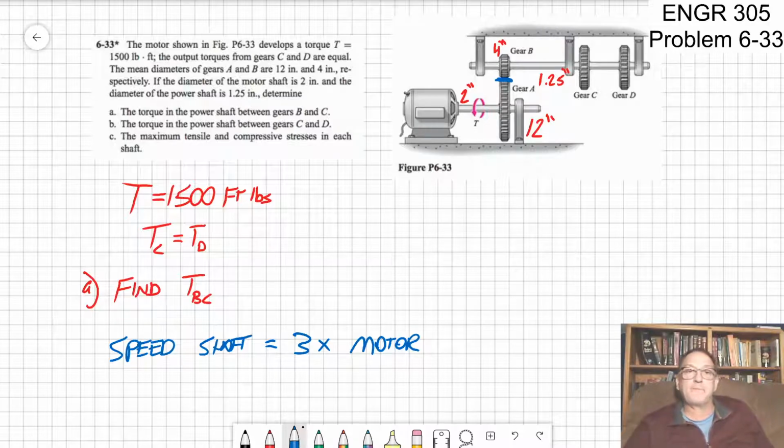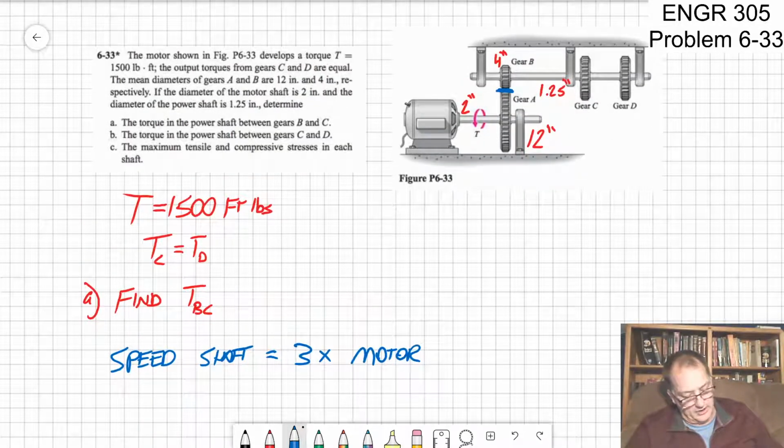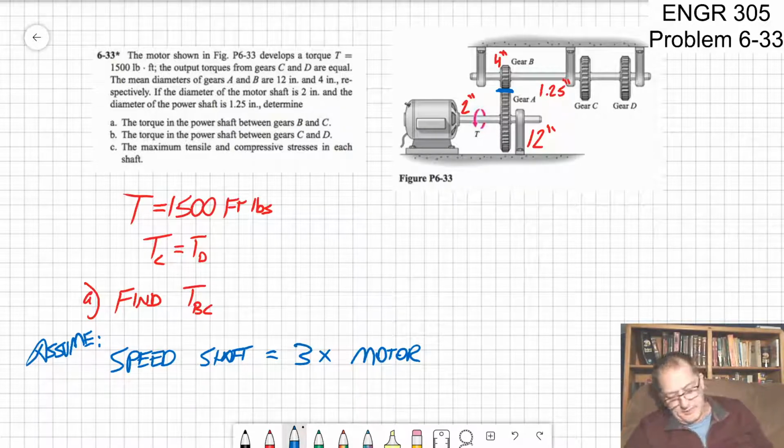All right? And honestly, if you wanted to just state that, we could just assume it, because this really isn't necessarily a part of this class, but it's a good thing to know. Speed of the shaft is 3 times that of the motor. That little one's got to spin and spin and spin to keep up.